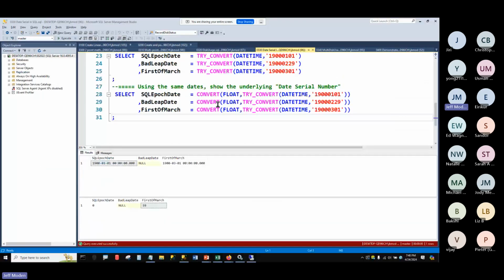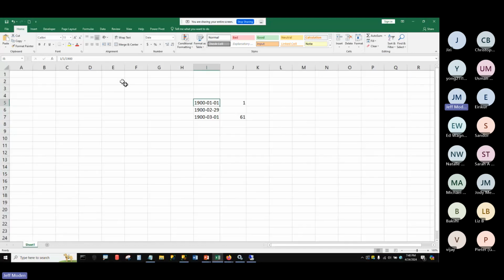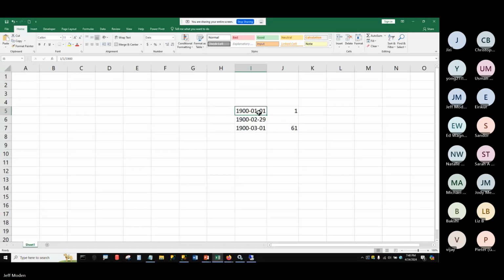Okay, and the other thing I wanted to show you here was, if we go to Excel, and actually I already have it here, we have 1900-01-01, and I'll zoom in. And that came out as an actual date.